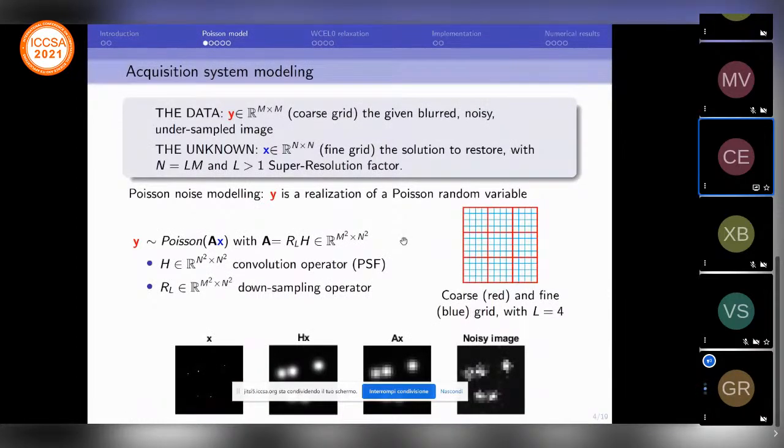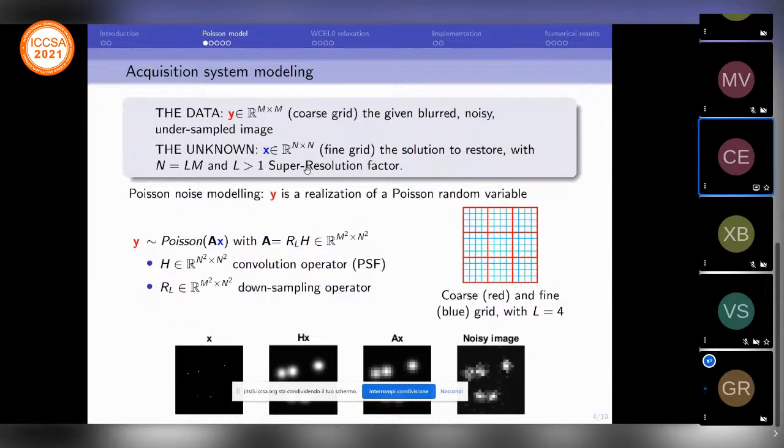Okay, the system is very simple. We have the unknown y, the data y, sorry, which is the blurred and noisy undersampled image. Undersampled because in an optical system it is within the limit of diffraction of the Airy disk.